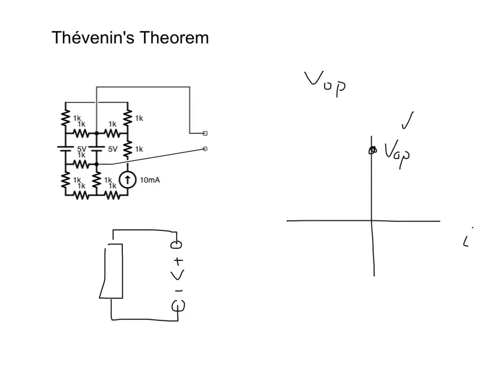Then we can imagine connecting our own resistor in between here and measuring the current that flows. And I'm going to draw that current in a funny way, because the current I actually want is the current with respect to this circuit element, the black box that represents the complicated circuit. And it has to flow into, the current as defined has to flow into the positive side to get the right definition.